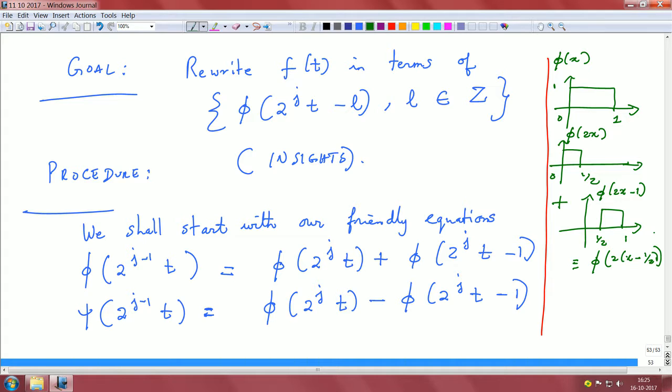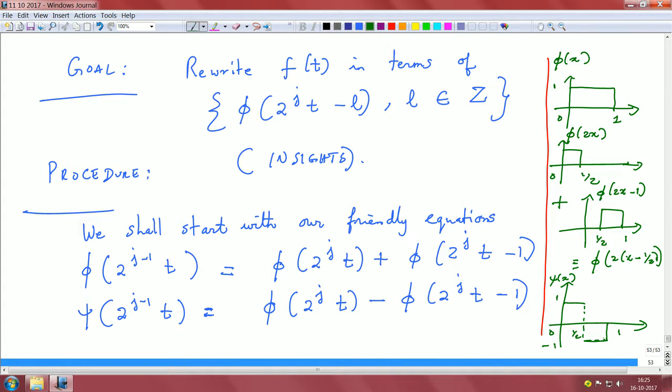So, this picture should be very, very clear in your mind, and your psi of x is basically this wavelet function, right. And where you take this and basically using this, that is the reason why you have a negative sign.